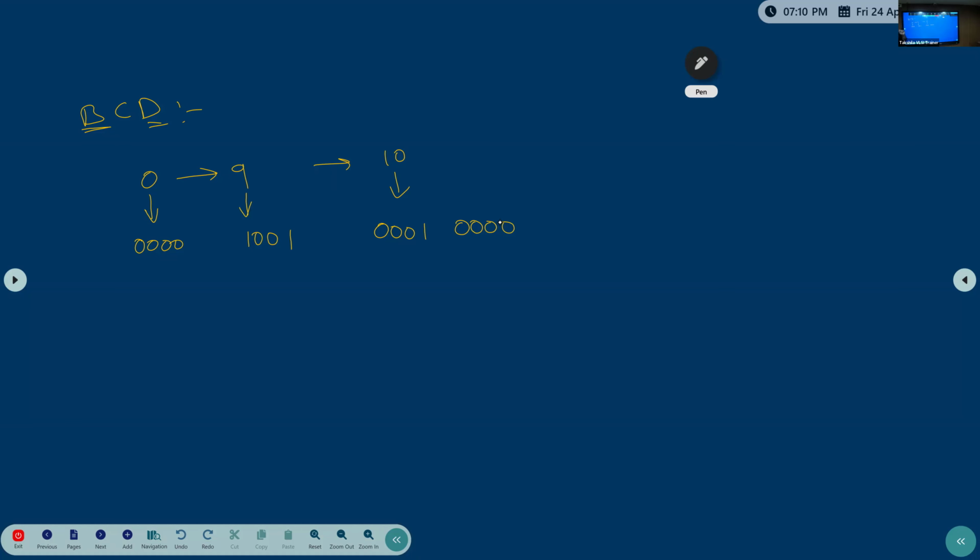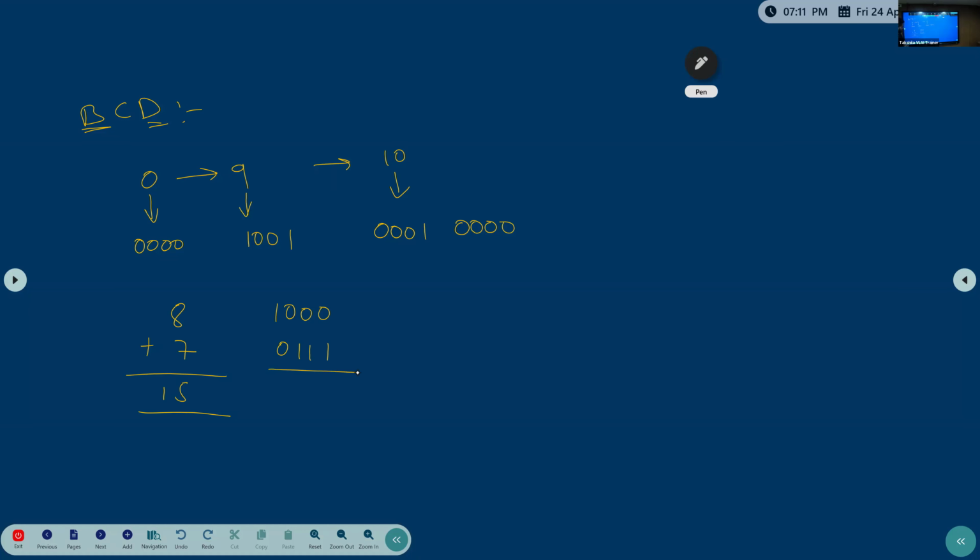Getting it? Now see, take any two numbers less than 10. Two numbers, 8 and 7. 8 plus 7. What is 8 plus 7? 15, right? 8 plus 7 is 15. How do we represent 8 in BCD? 1 0 0 0. 7 is 0 1 1 1.